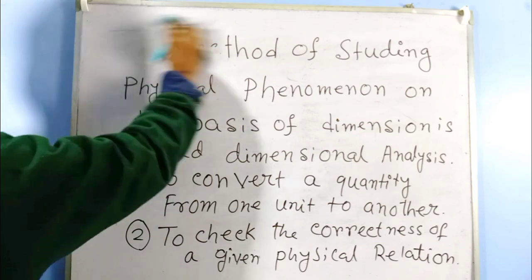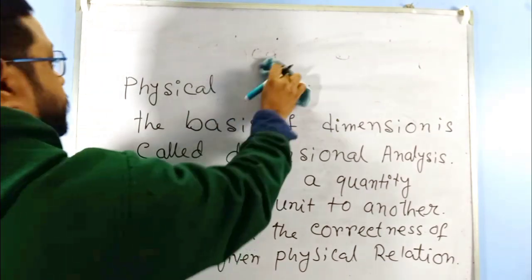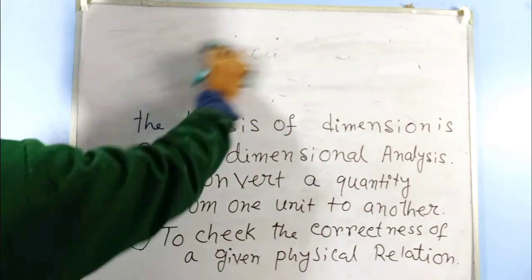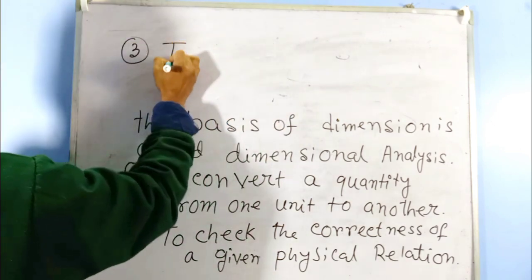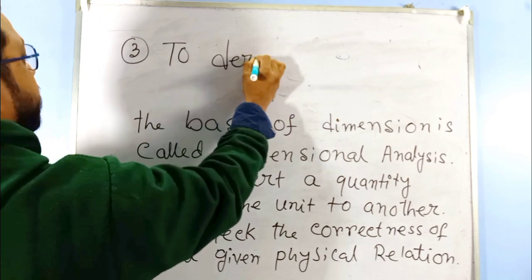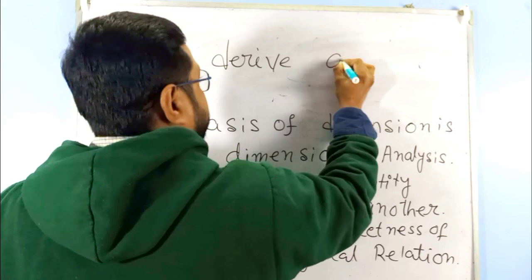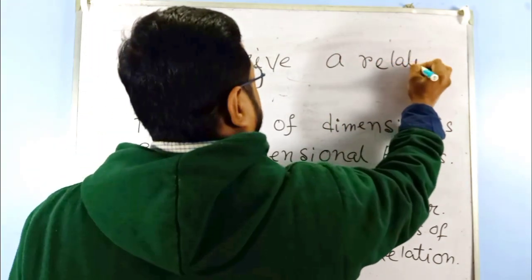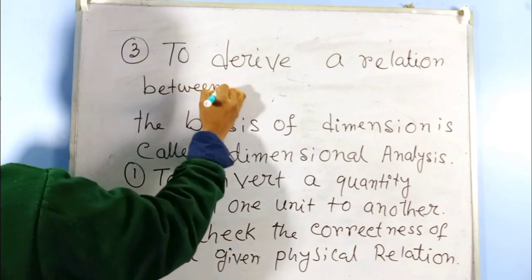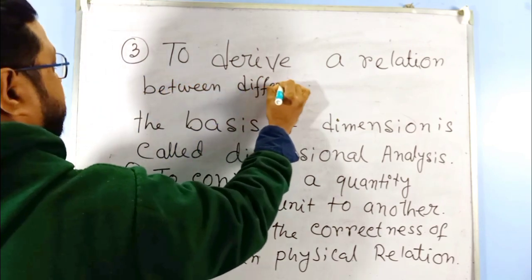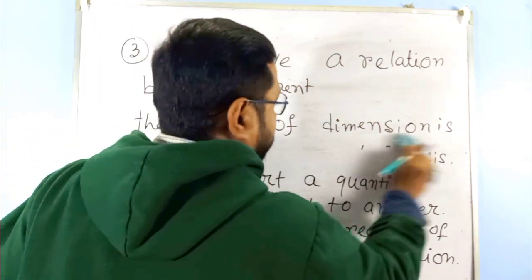And number three is to derive a relation between different physical quantities.